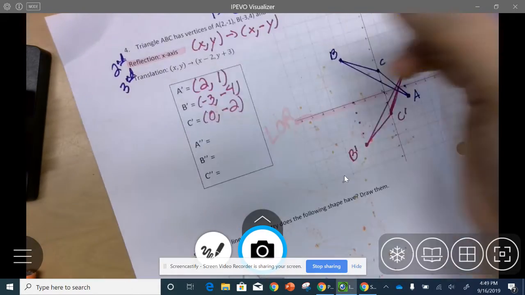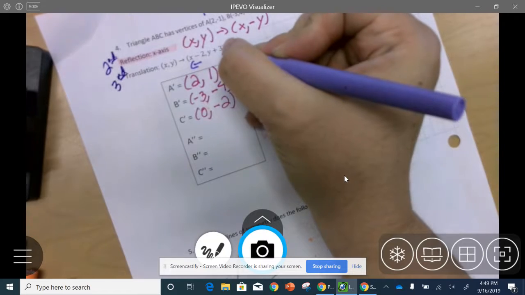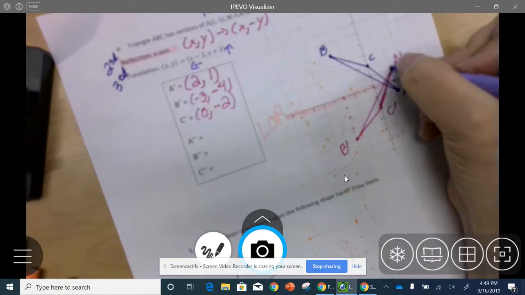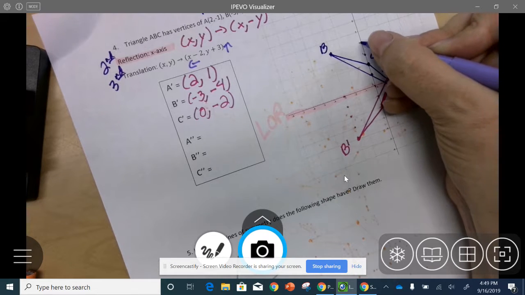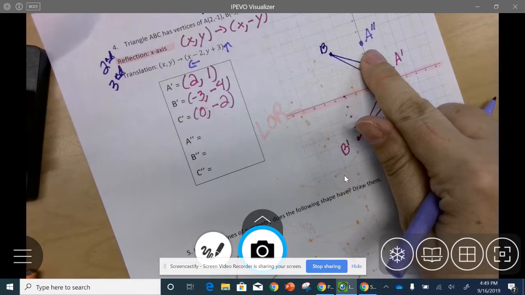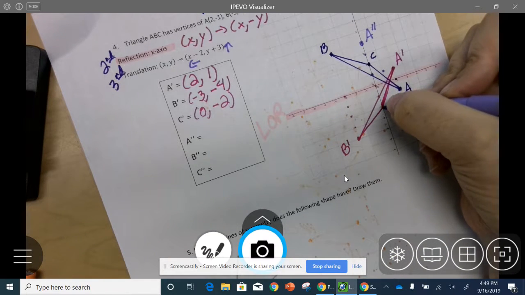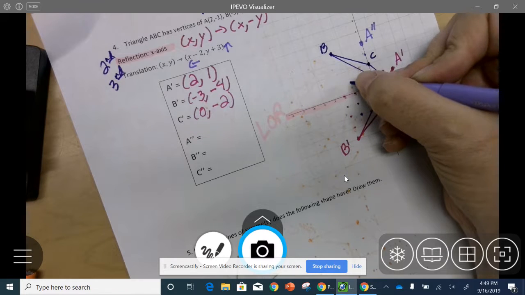Okay, so we're going to do where we move it left 2, up 3. So from A, so I'm going to go 1, 2, and up 1, 2, 3. Notice it's going to be double prime. So we do the same with the next one. We go left 1, 2, up 1, 2, 3.